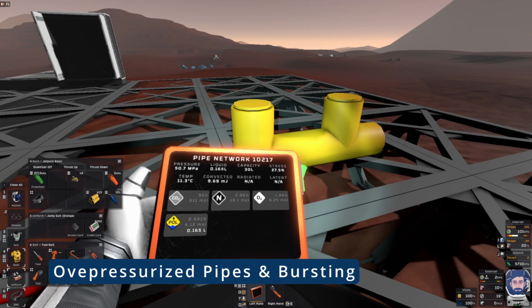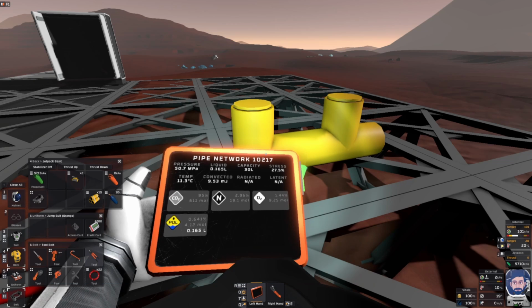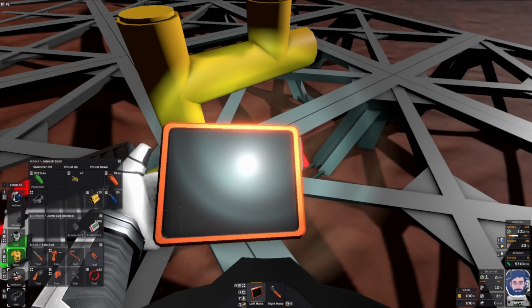As you would expect in real life, if you reduce the volume of something, then the pressure will increase. So let's see what happens if I remove one of the pieces of pipe.